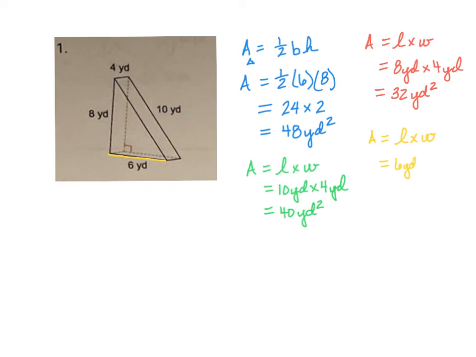I'm going to multiply that by the width. The width going across this way is the same as the width of the top rectangular face, so that's 4 yards. 6 yards times 4 yards gives me 24 square yards.